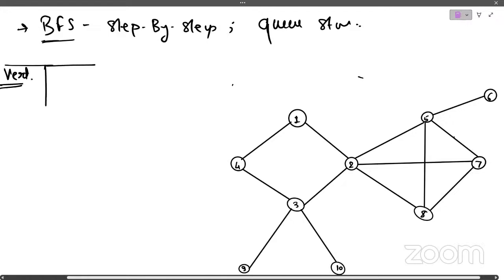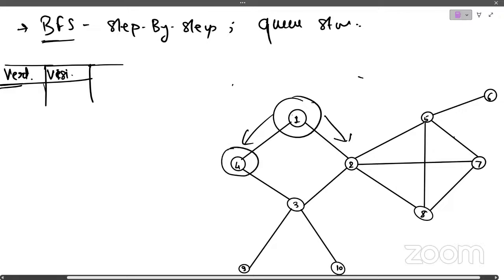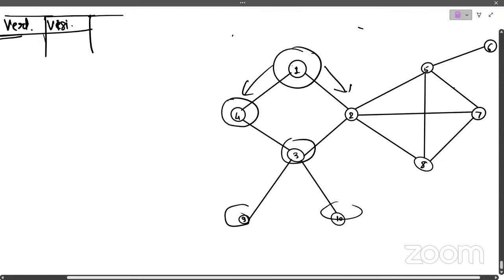Then there is a column for visited or not visited, and parents. In BFS and DFS, we start with a vertex, then go to its neighbors, and then explore the neighbors of the neighbors. For example, from 1, I'll first go to 4. From 4, I'll explore the neighbors of 4. The neighbor of 4 is 3, so then I'll go to 3 and explore the neighbors of 3 itself. This is known as BFS.